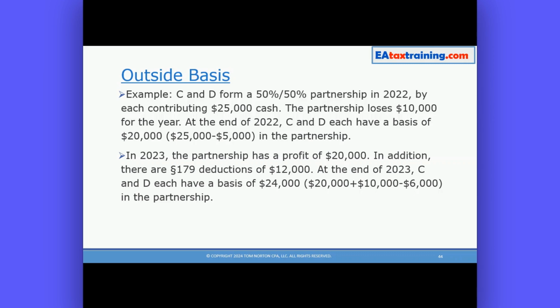So for the exam, you should know how to do a simple example like this. They're not going to get too convoluted on you, too complicated, but you should be able to do a simple calculation like this one. So come back, understand the rules, and just understand how these increases and decreases can happen.